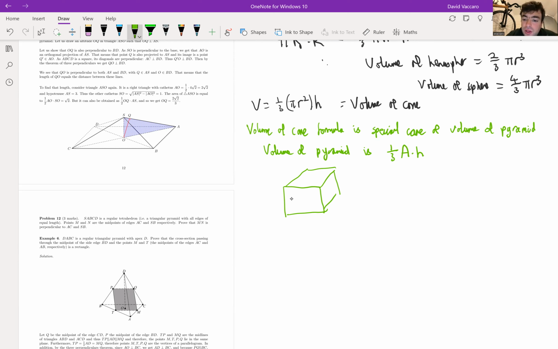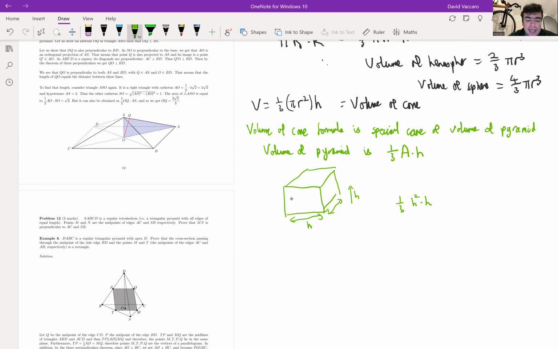And so that pyramid, which has got side lengths h and h and height h, has got volume 1/6 h cubed, which is the same as 1/3 h squared times h.